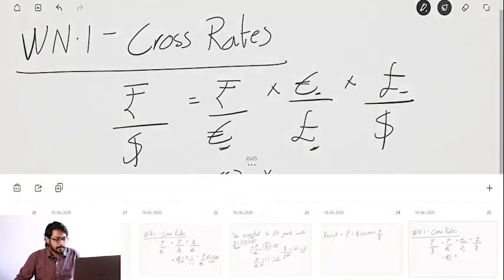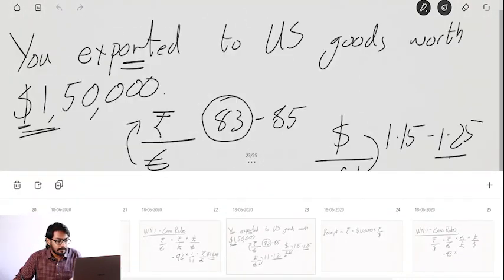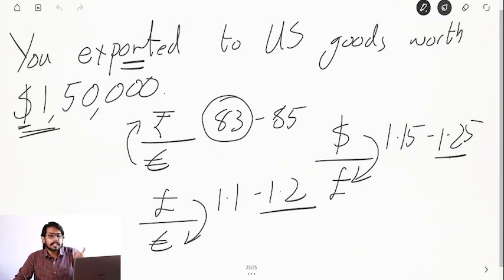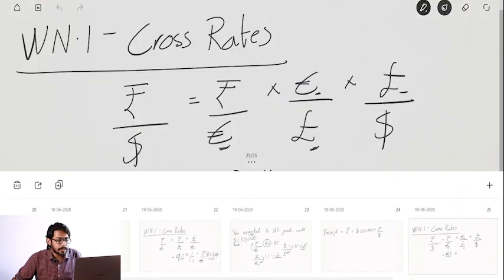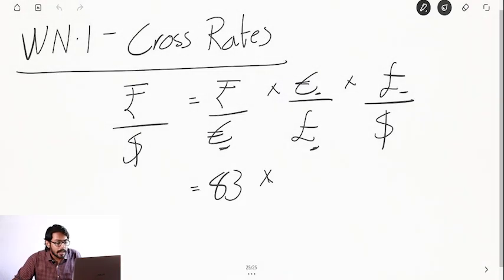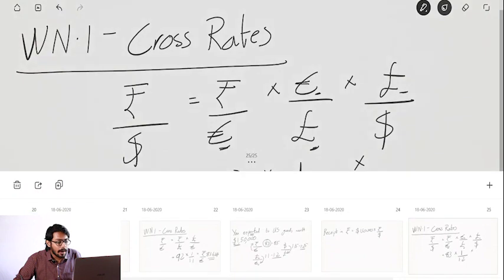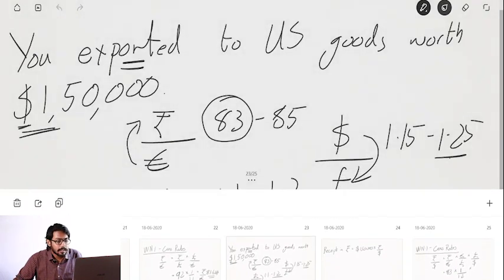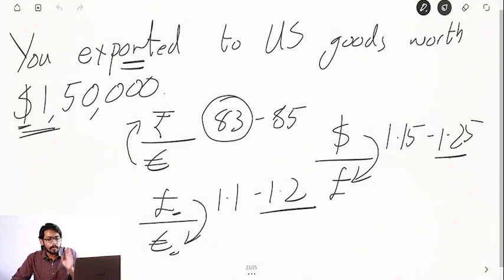Euro by pound, it is ask rate, and again it is in reverse. What is given in the question is pound by euro. What you need is euro by pound. So 1 by 1.2, into dollar by pound. What they need is dollar by pound, what is given is dollar by pound.